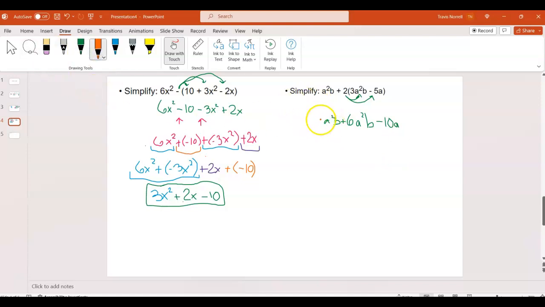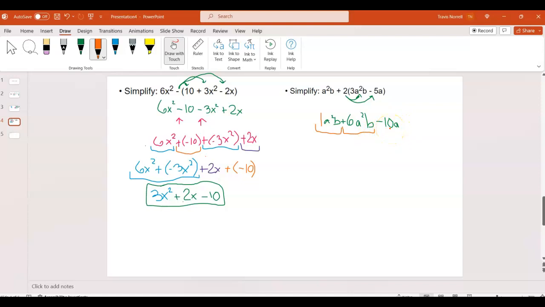Now remember, if there's not a number in front of the variables, there's an assumed one. So you might notice here I've only got 2 like terms. This minus 10a doesn't have a like term to combine with it.